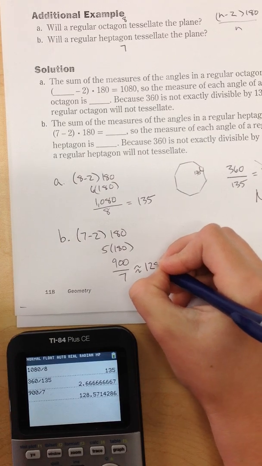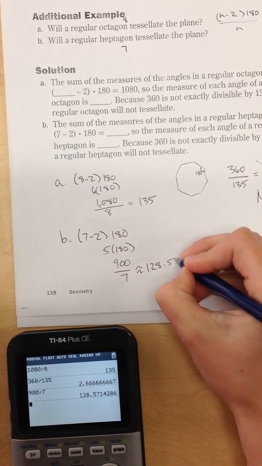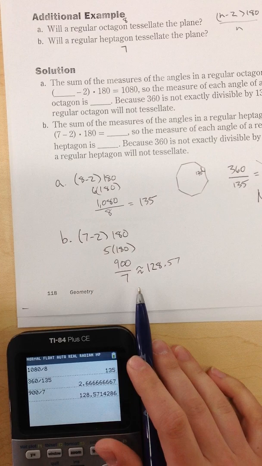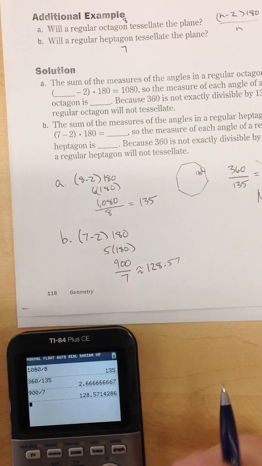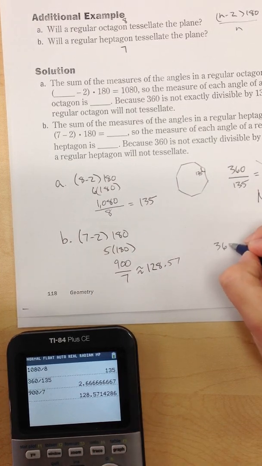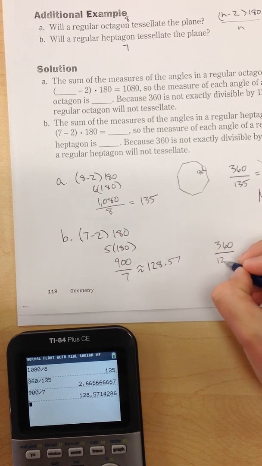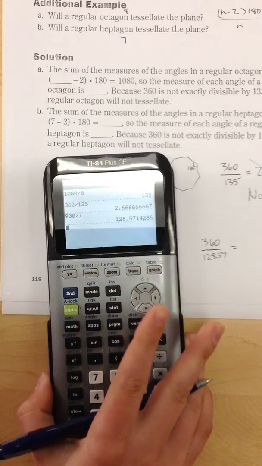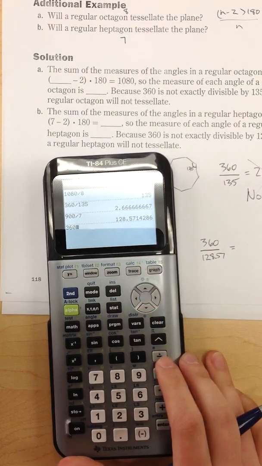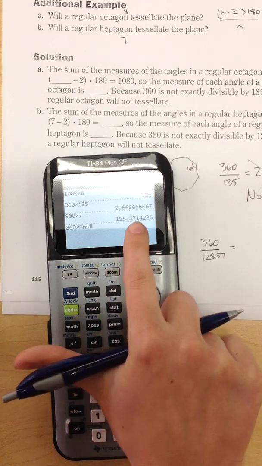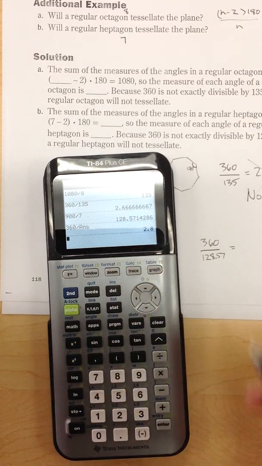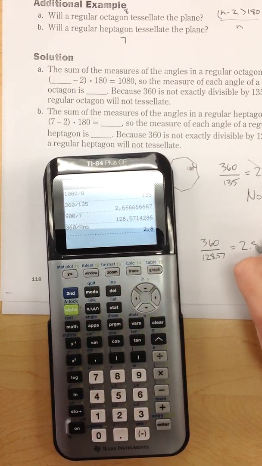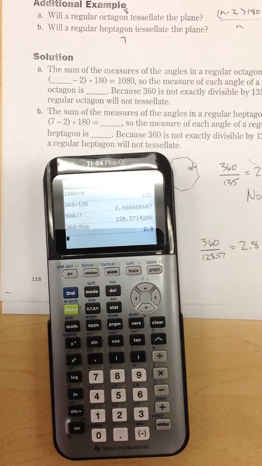So since it's a crazy number, 128.57-ish, squiggly equal sign means approximately equal to, this is probably more than likely not going to work. So if I did 360 divided by that crazy number there, probably not going to come out right. So if I did this here, 360 divided by that second answer will get me what it says up there. It comes out to be 2.8. So again, they're a little bit nicer than this number here, but since it doesn't come out to be exactly a whole number, this would be no.